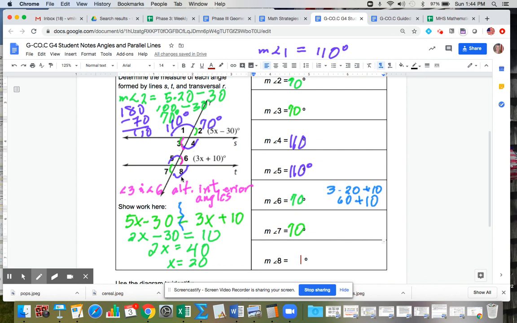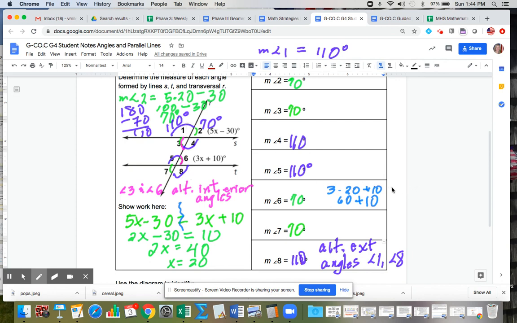Notice these are exterior angles, and they are alternate exterior angles. Because they're both outside the parallel lines, and they're on alternating spots of the transversal. One is on the left side, one is on the right side of the transversal. One is high and one is low.